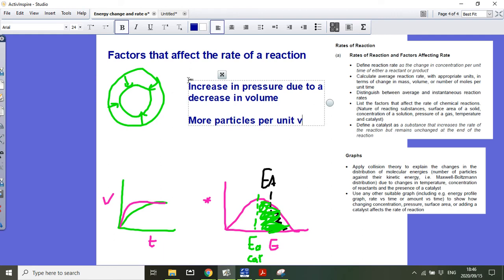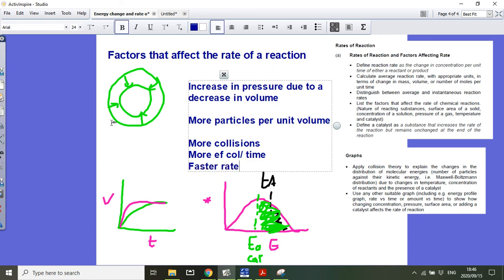And now you'll see it looks exactly the same as the concentration one. If I have more particles per unit volume, there will be more collisions. Therefore, there will be more effective collisions per unit time. Therefore, there will be a faster rate. Okay, going fast, but you get this.